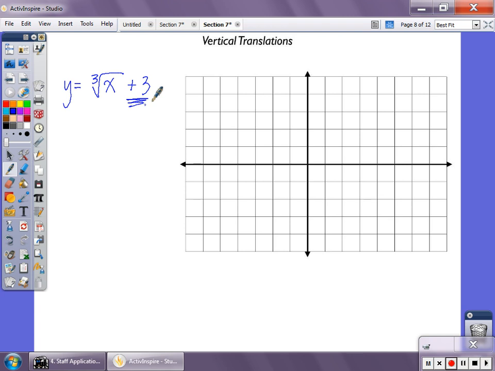If you are adding on the outside, that's a vertical translation, it's a vertical shift. The anchor point is going to move up 1, 2, 3 units. And then recall, to get your other points for a cube root function, you go over 1, up 1. You go over 8, up 2. You go left 1, down 1. And you go left 8, down 2. And then you can draw your nice graph.